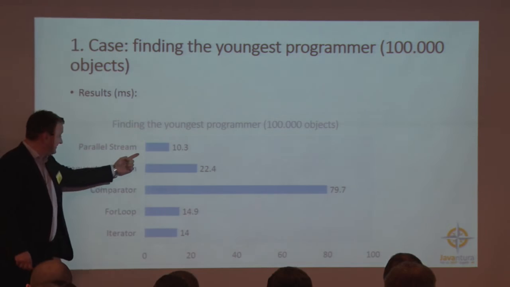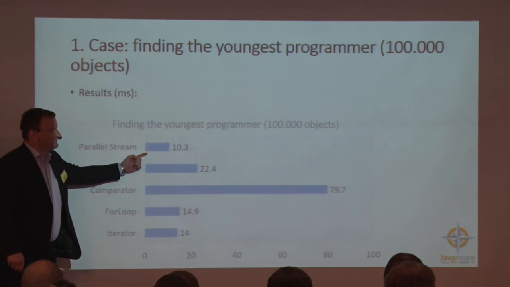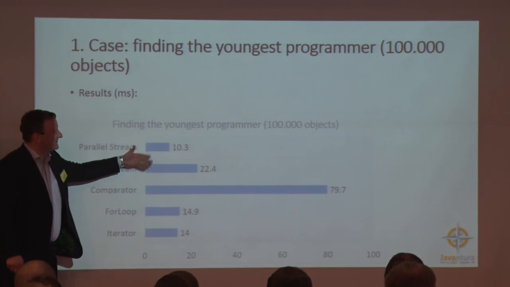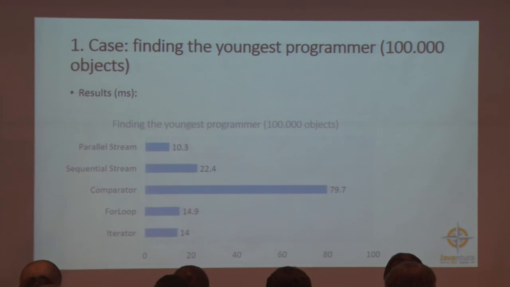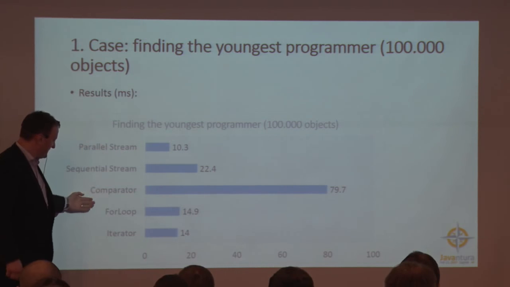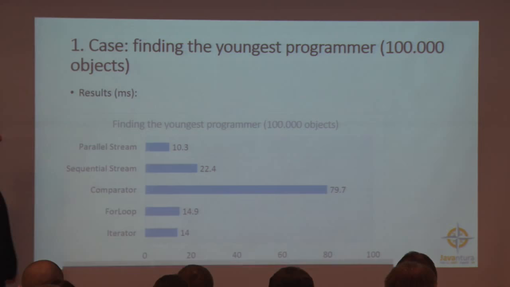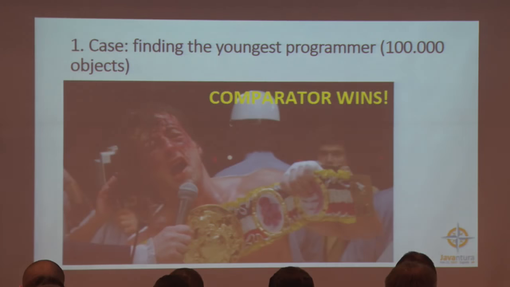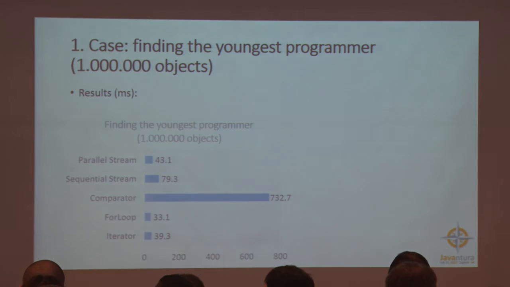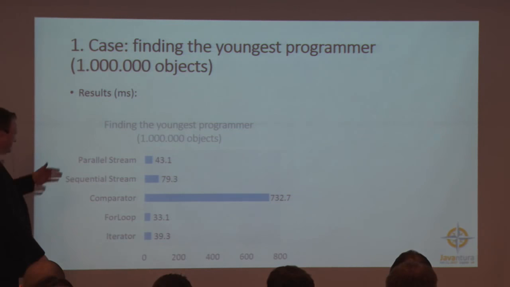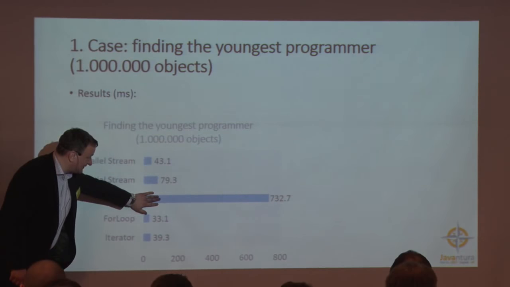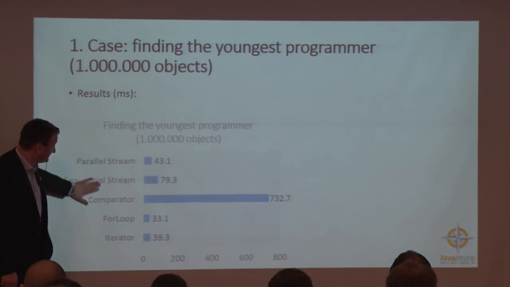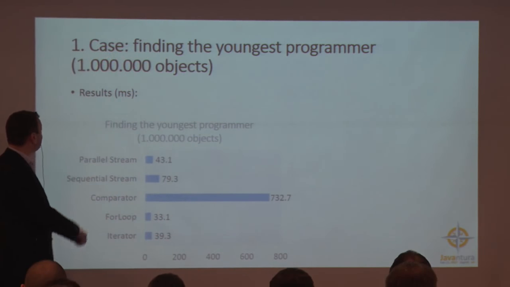Parallel stream has prepared its best performance for this large amount of objects, and now we see the results. And comparator, of course, is out of the game. It's out of the competition. So comparator is out, and parallel stream is winning, in which case?